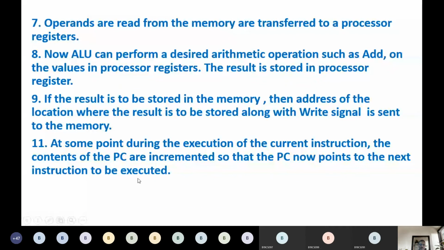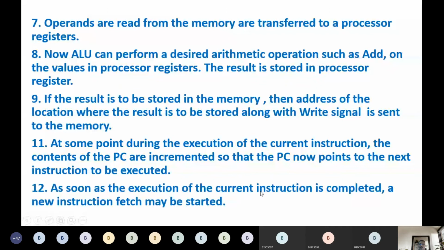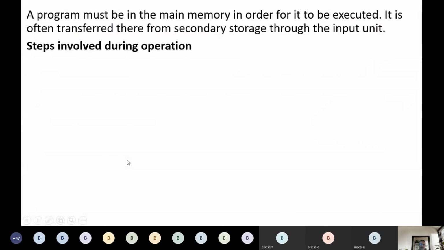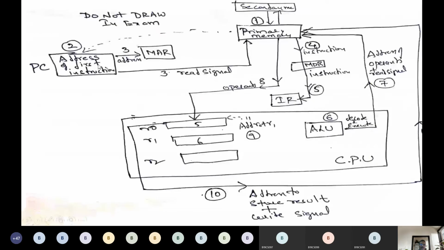As soon as the current instruction completes execution, a new instruction is fetched because the new instruction address is already in the program counter. So this process goes on. After the first instruction is executed by the CPU, the second instruction address is loaded.